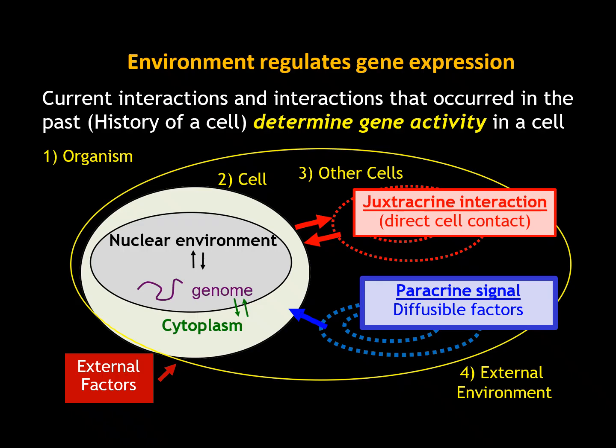Now we're going to talk about the paracrine signals, where you have diffusible factors that are not as close as before to the cell. They are not linked together. There is not a physical connection, but the factors are relatively close, and they can diffuse to the other cell to produce a difference in gene expression.